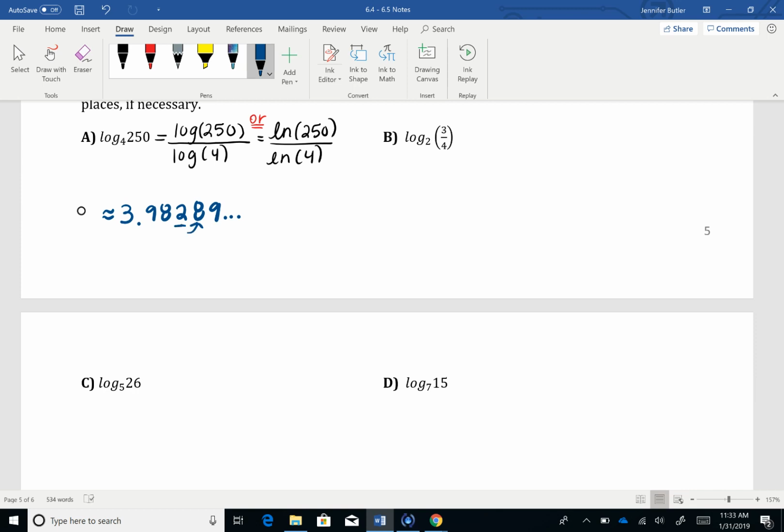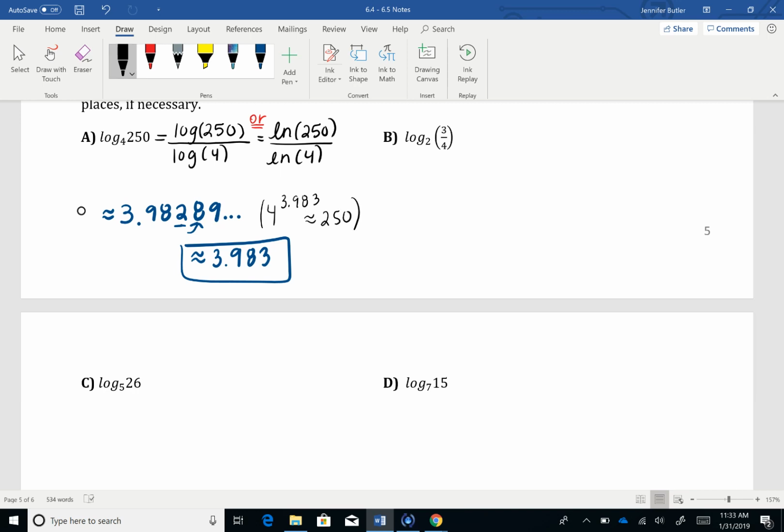So I go ahead and look at the number to the right. That number is greater than 5, so I'm going to round up. So this is approximately 3.983. So basically what that means is if you take in your calculator 4 to the 3.983, you should get about 250.